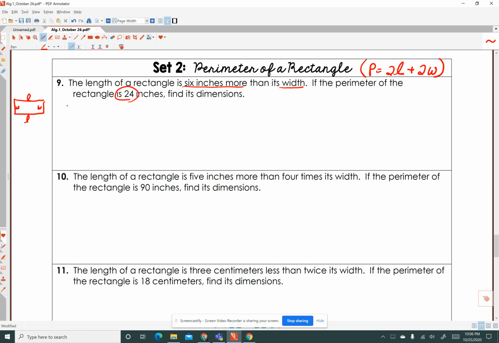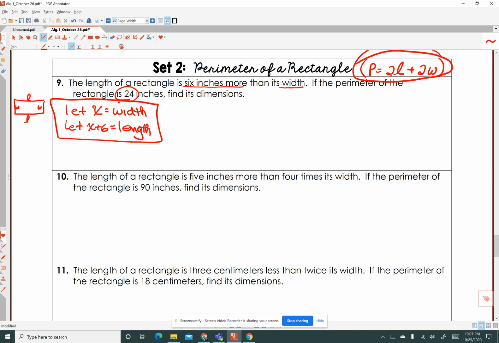So again, we'll start with an x box. We're going to let x equal the width. And because it's 6 inches more, let x plus 6 equal the length. There's our x box. So our equation will be, remember, we're coming back up here, perimeter is 2 times length plus 2 times width.